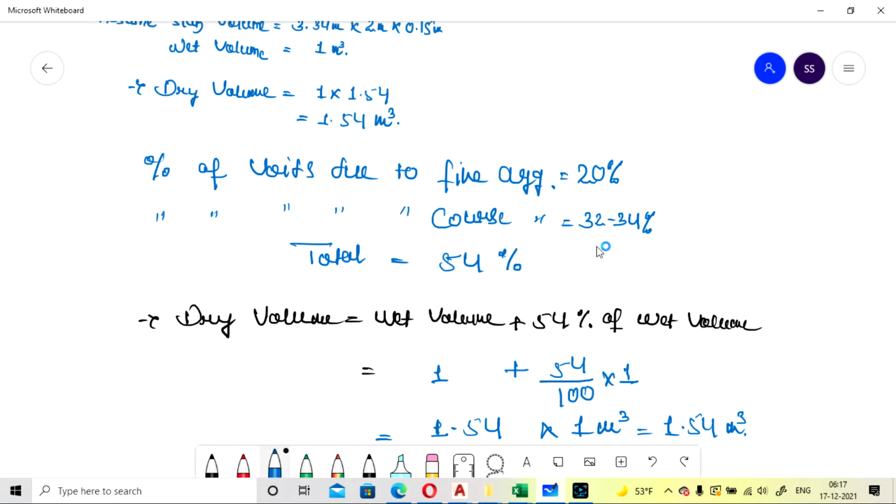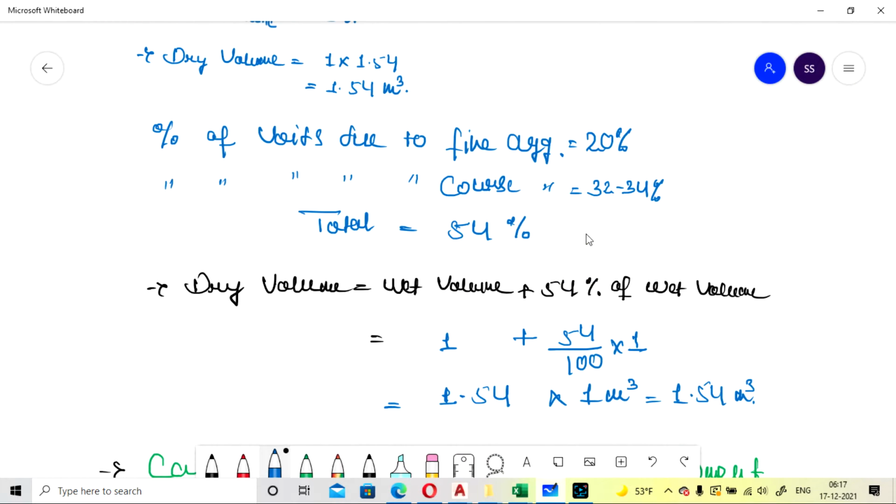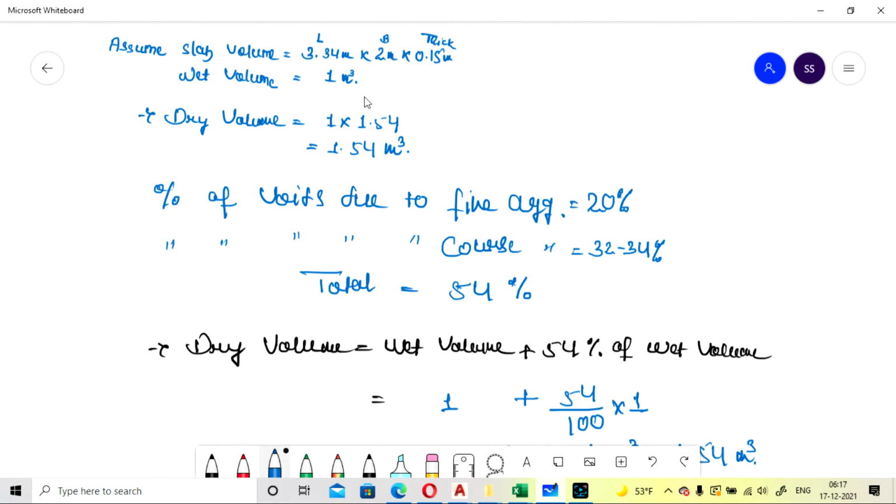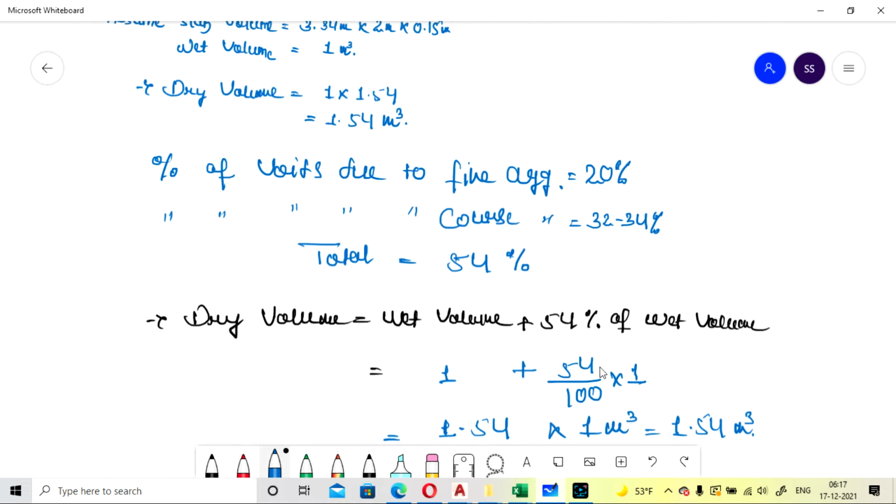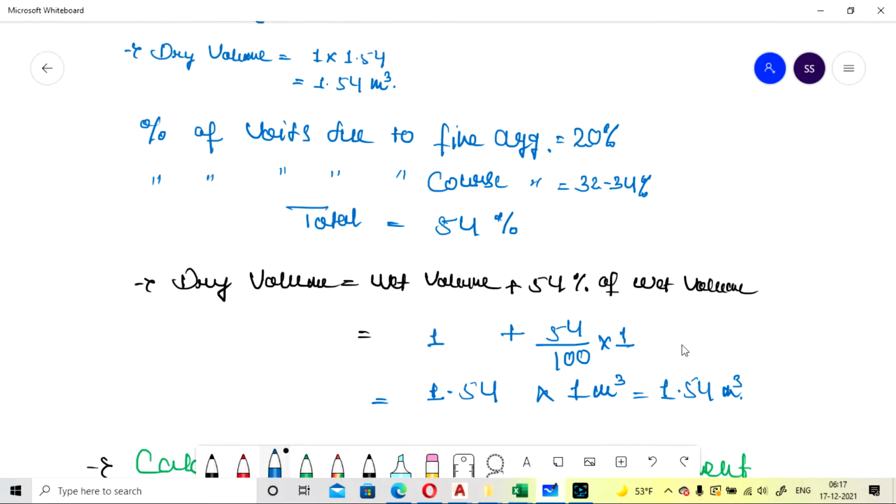So its total percentage will come around 54%. So our dry volume will be equal to wet volume plus 54% of that wet volume. Our wet volume is 1 m cube, and 54% of 1 will come as 1.54.